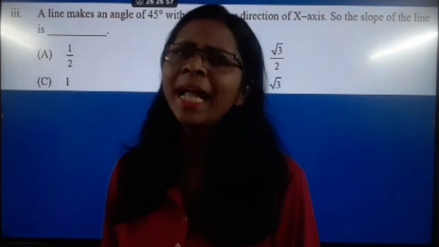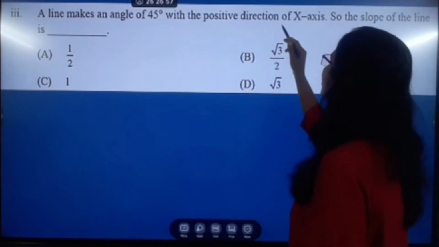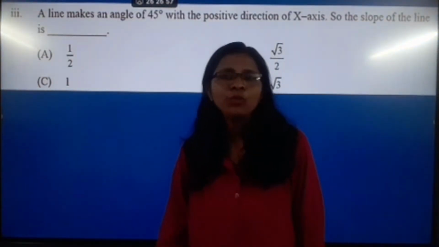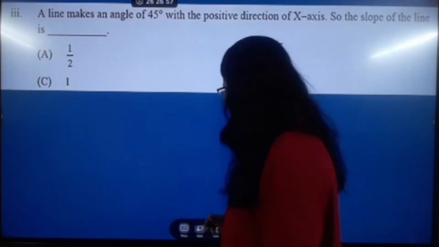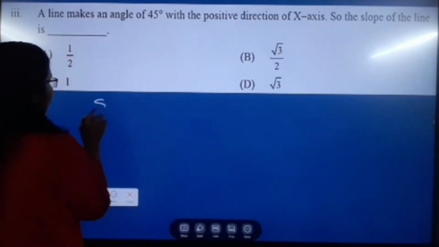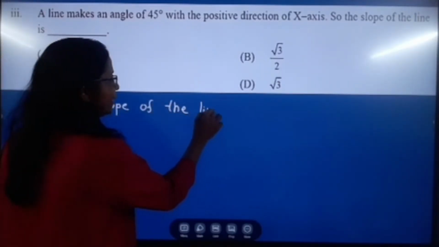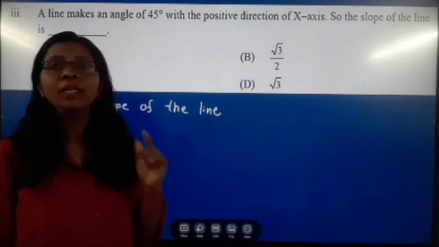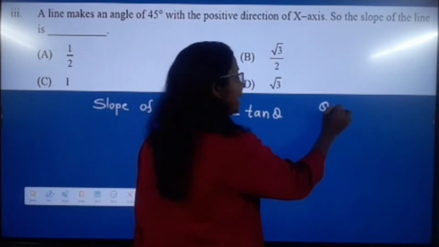A line makes an angle of 45 degrees with the positive direction of the x-axis. So the slope of the line is? Here we have to calculate the slope of the given line. If the angle is given, then the formula for the slope of the line is tan theta, because the angle is given.